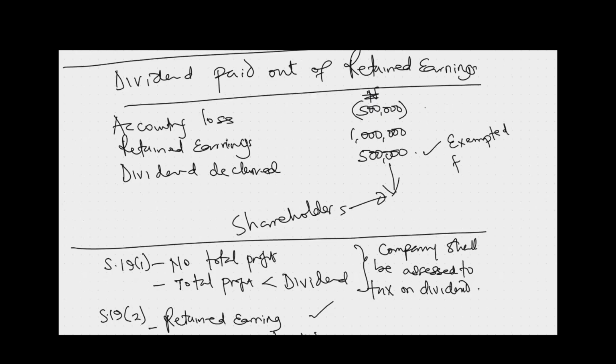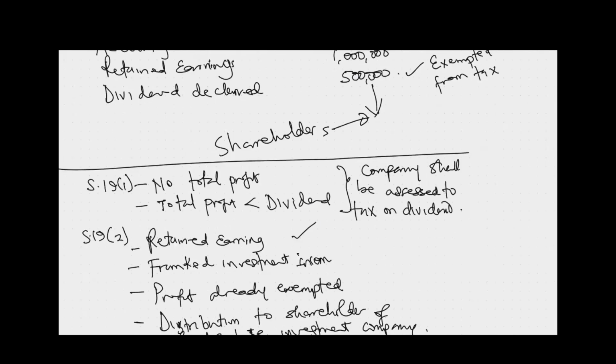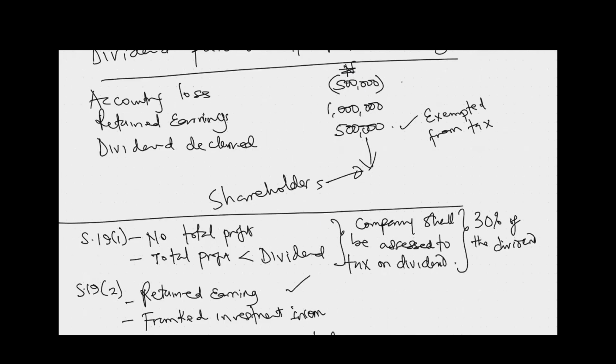Now, when I say the company shall be assessed tax on dividend paid here, it means at the rate of 30% of the dividend. Okay? So that means this company shall be exempted from tax. Let's go to the next scenario. Now you understand it.